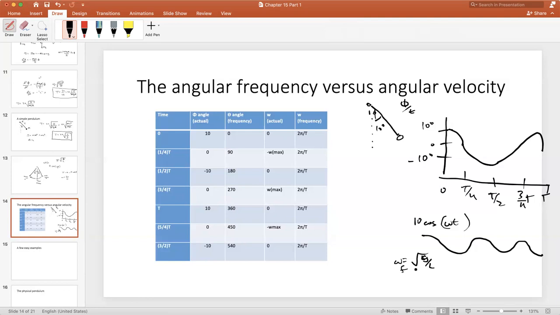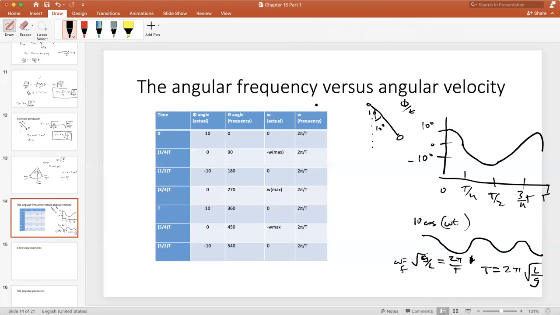G over L is a constant, always, okay? Square root of G over L, in fact, is equal to 2 pi over T, which we already know. Therefore, the period is 2 pi times the square root of L over G. We already know that, right? But the actual omega is going from 0 to maximum in the negative direction, 0 back to positive, 0 to negative, on and on and on, right?